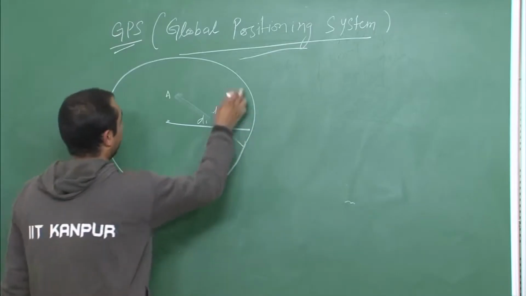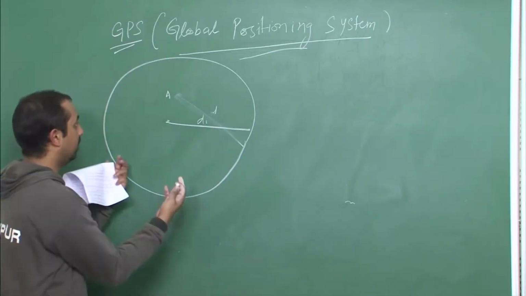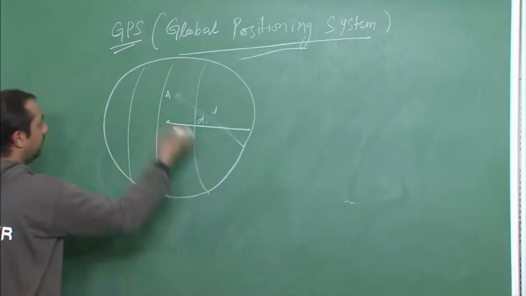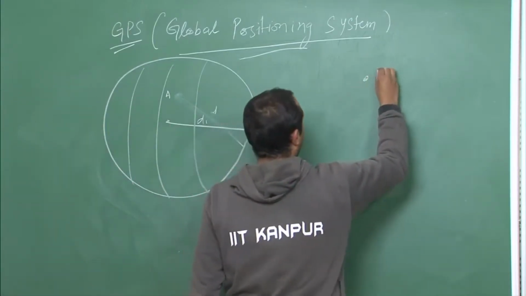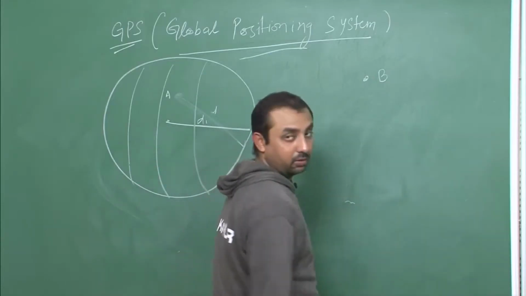Now the distance for satellite B will also be calculated using the same formula. Suppose this distance is d2, so another sphere with distance d2.